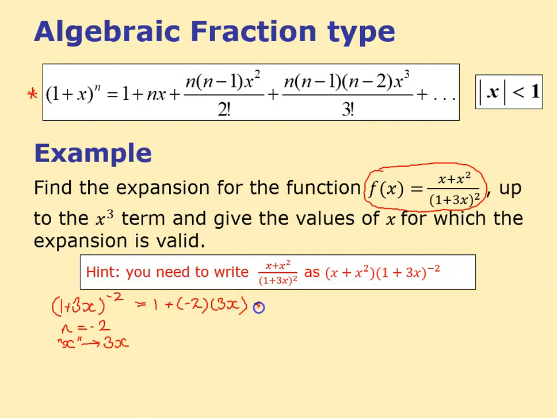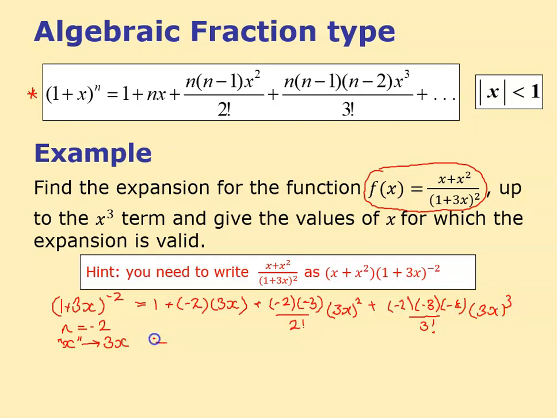And then I've got plus n, which is minus 2, n minus 1 minus 3, over my 2 factorial, of course, but times by my 3x squared. And then my final one, because it only says go up to x cubed, so I think I can stop there, is minus 2 minus 3 minus 4 over 3 factorial times by my 3x cubed.